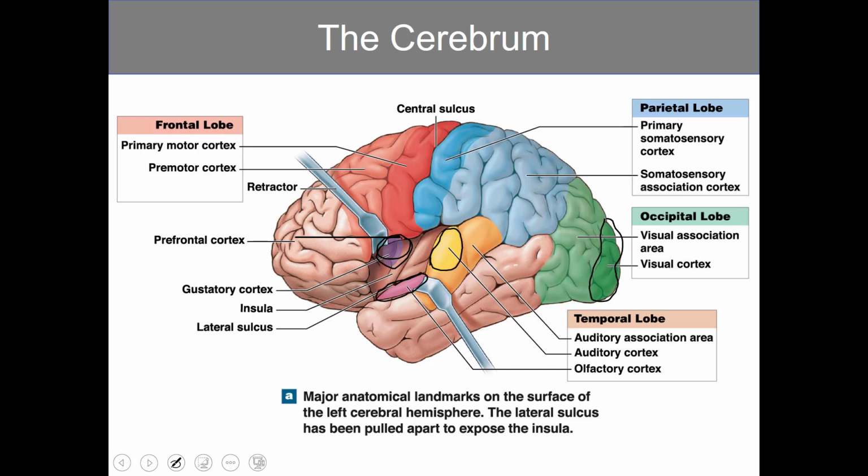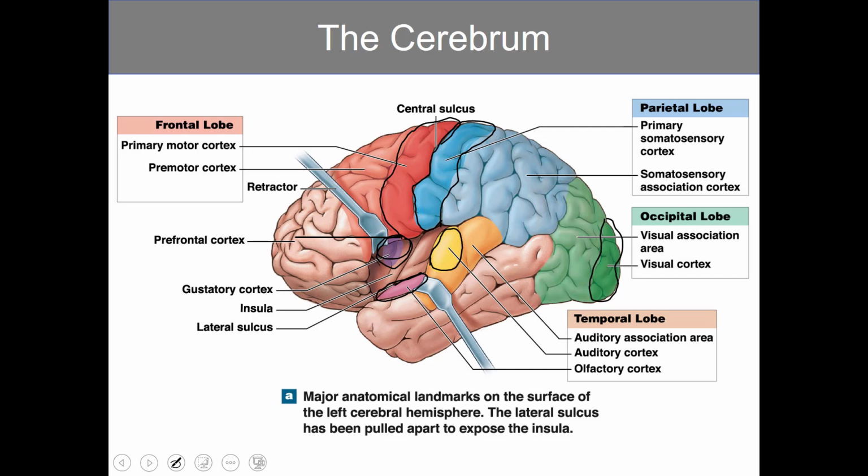So what we're doing is mapping out this cortex and figuring out the functions that it is responsible for. We've already mapped out the postcentral gyrus and the precentral gyrus. We know what those are for.